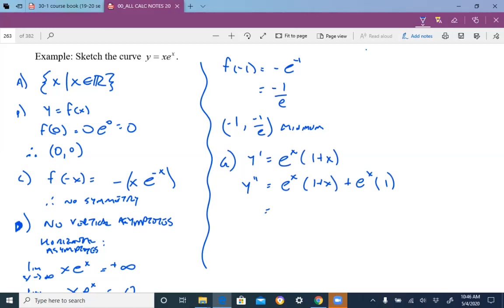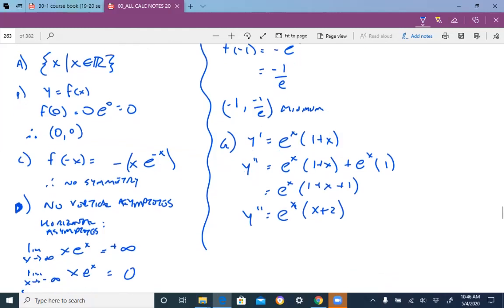And this ends up being equal to e to the x times 1 plus x plus 1 times e to the x, which is e to the x times x plus 2. There's our second derivative.